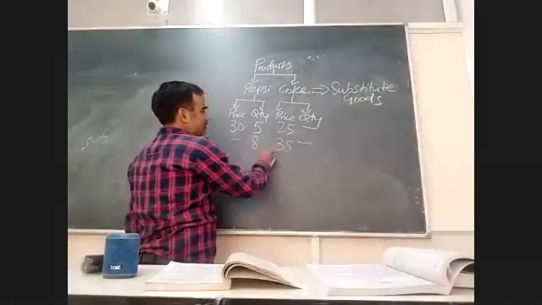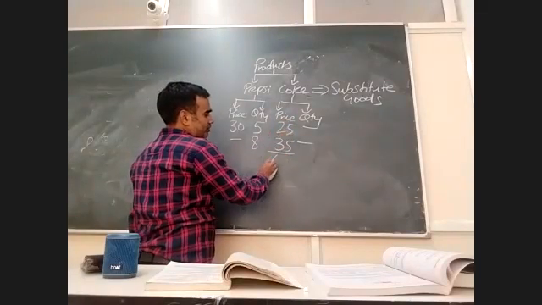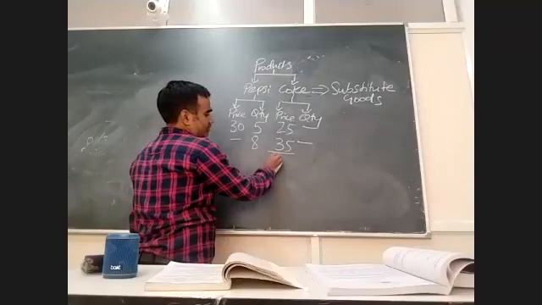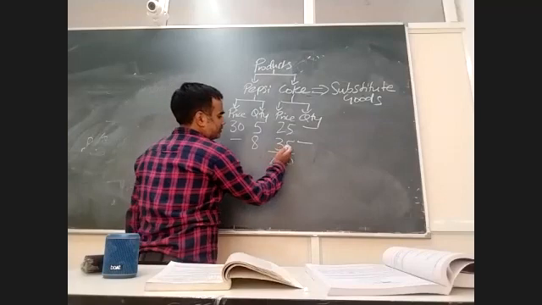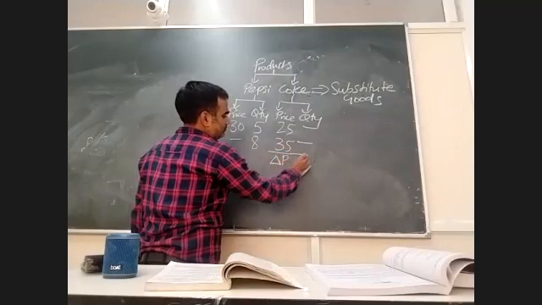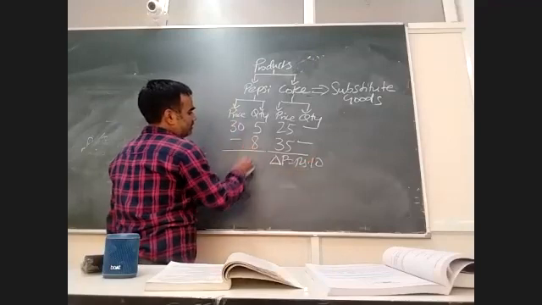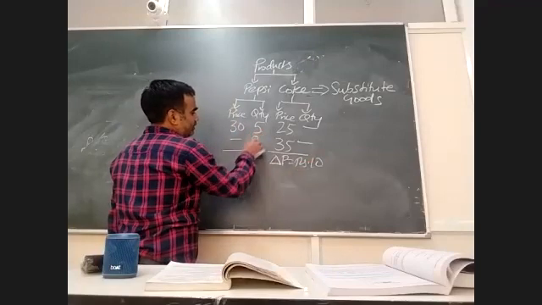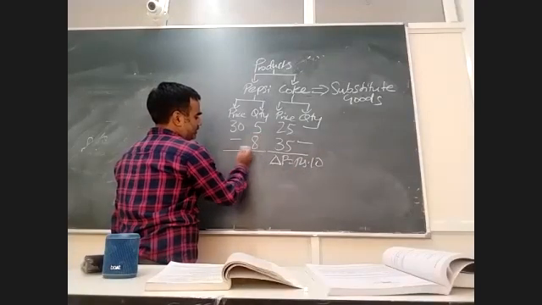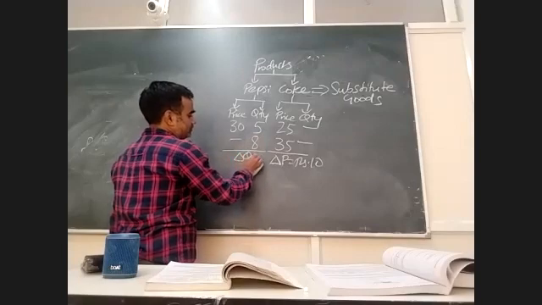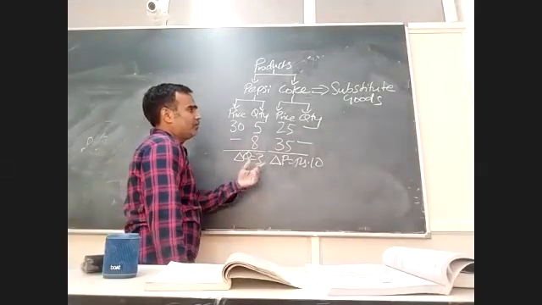So what is happening? Here the price of Coke increases from 25 to 35, so the change in price is 10 rupees. And the quantity demanded goes from 5 to 8, so the change in quantity is 3. Now what is it? Substitute goods.